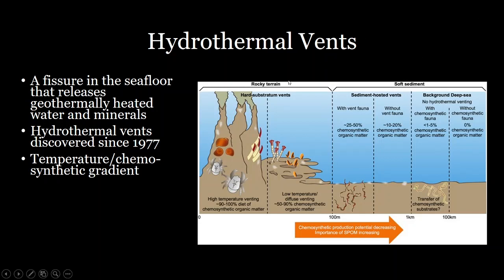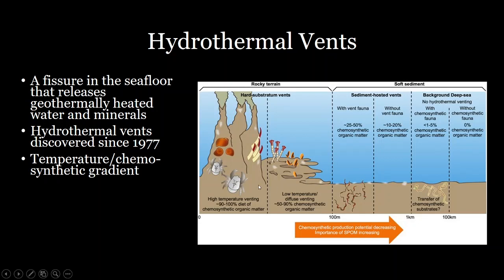So as you're on the hydrothermal vent and temperatures are very high and the concentration of minerals such as sulfur are very high, then the majority of the animals living there are getting their diet from chemosynthetic processes. So they're using the sulfur and other minerals in order to produce energy instead of using sunlight, for example.